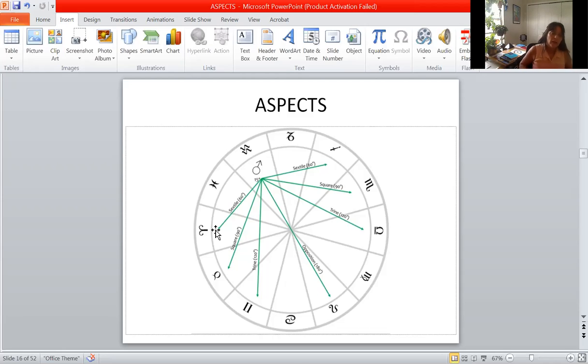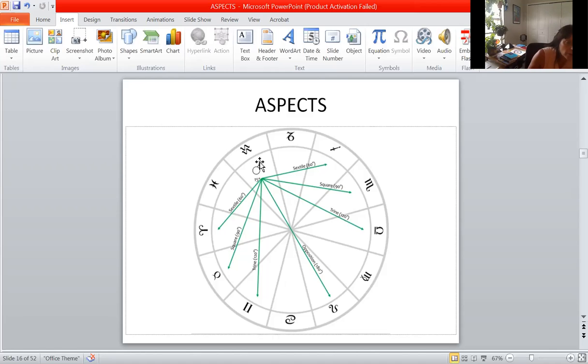Okay, and then just to further this, if we have that Mars right here, the sextile was 2 signs, and if we're going to go to the square, that would be 3 signs. 1, 2, 3. See? Now we can just check ourselves and ask, are we at fixed and fixed?